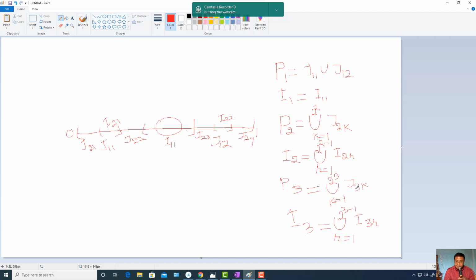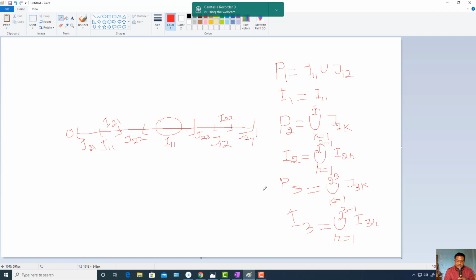So what is the length of this interval J3K? How many intervals are there? 2 to the power 3, 8 intervals are there. Each of length how much? 1 by 3 to the power 3, that is 1 by 27. How many intervals are here? 2 to the power 3, that is 8 disjoint intervals.